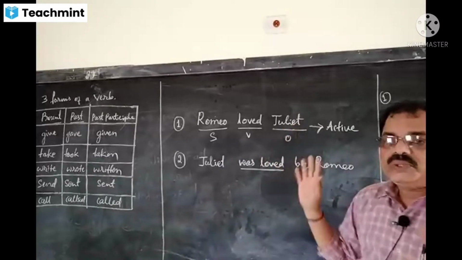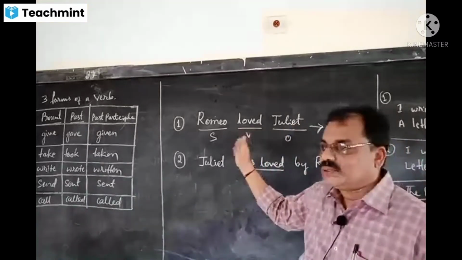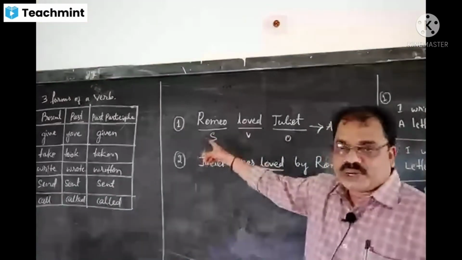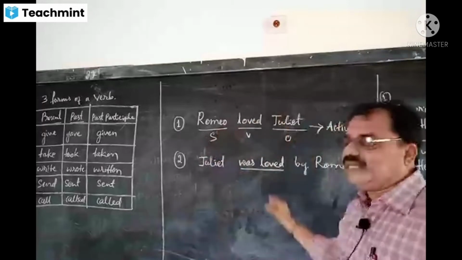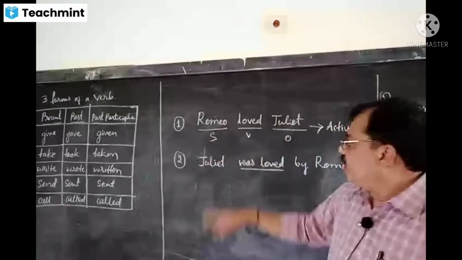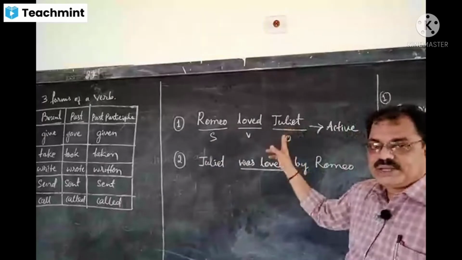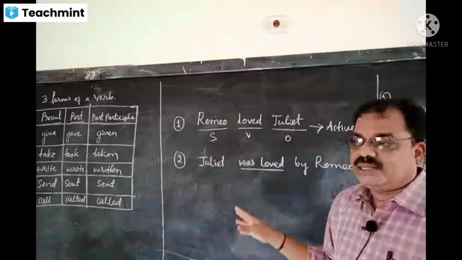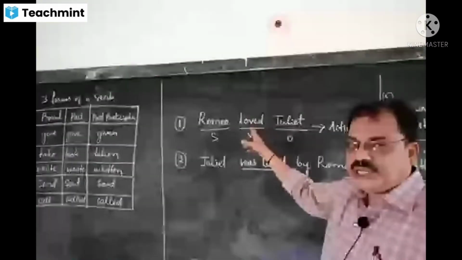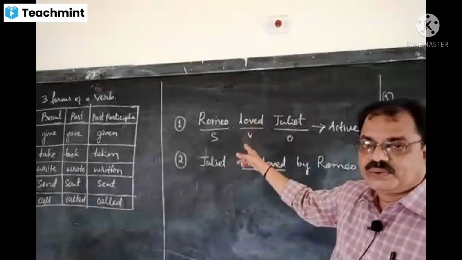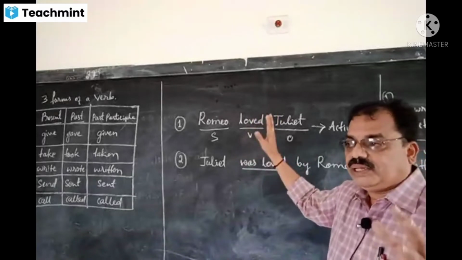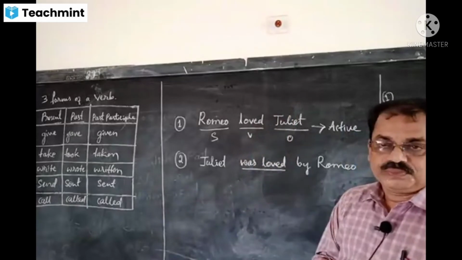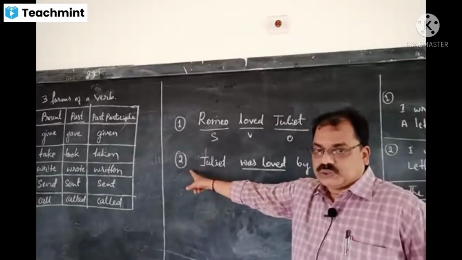Whenever we are going to change from active to passive voice, the subject in the active voice becomes the object in the passive voice, and the object in the active voice becomes the subject in the passive voice. And the third thing, necessary change of the given verb in active voice will be used. Necessary change of the verb.